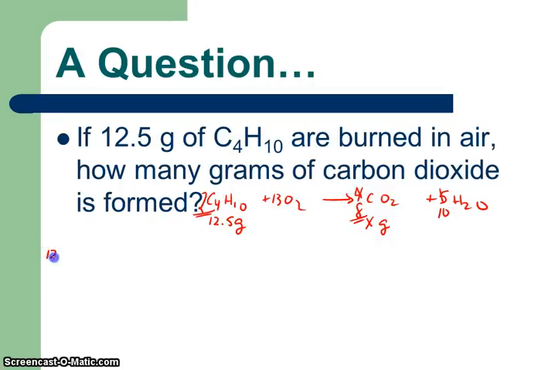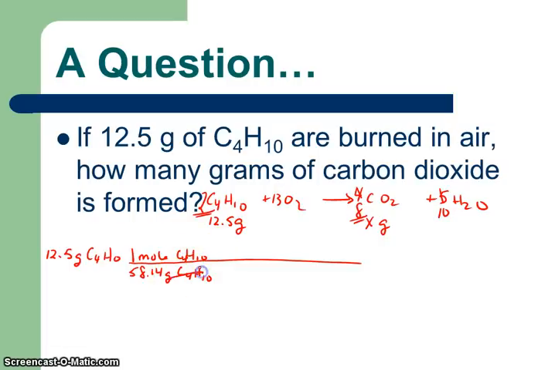We start with 12.5 grams of C4H10. Our first step is going to have to be to convert grams to moles. So we look up the molar mass for butane off the periodic table, and we get 58.14 grams of butane for every 1 mole of butane.